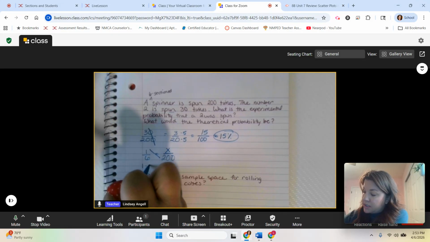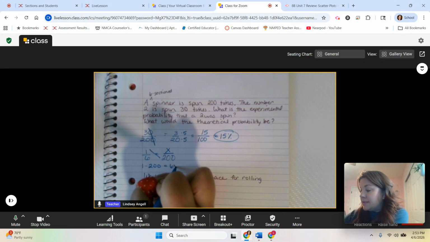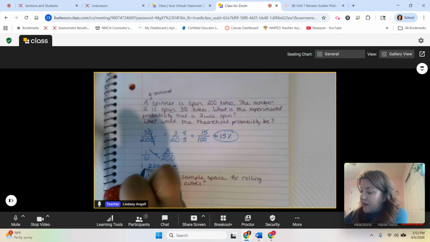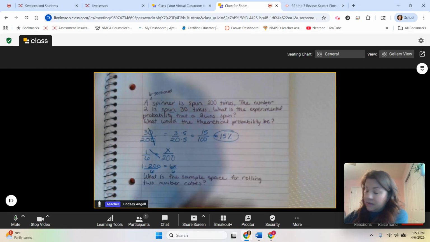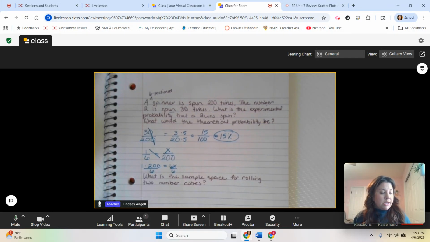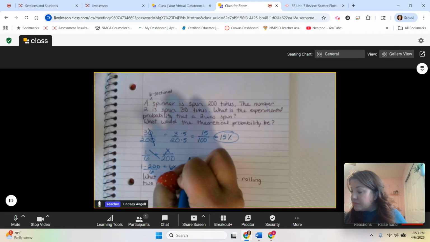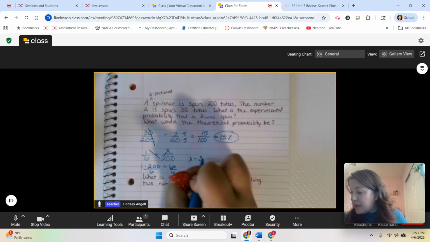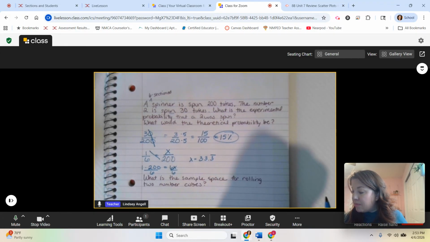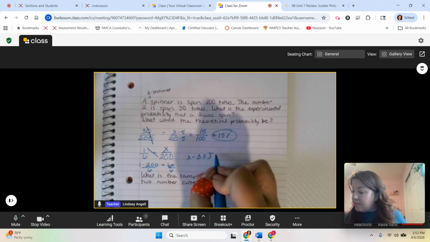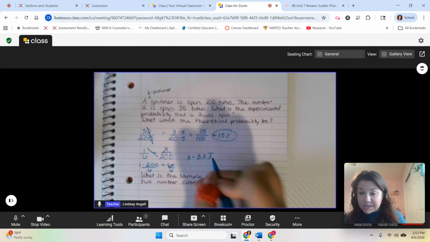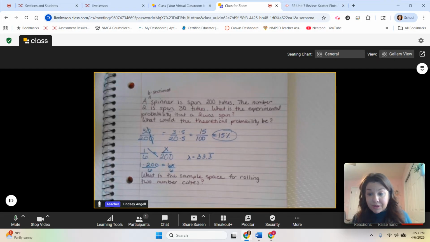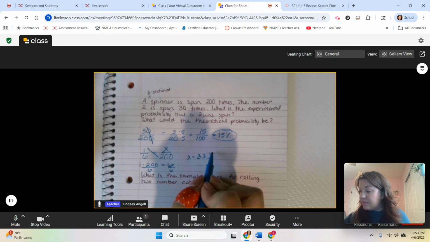That gives me 1 times 200 equals 6x. Divide both sides by 6, so 200 divided by 6 gives me 33.3 repeating. That's how many times we could expect it, so about 33 times is what we would expect.